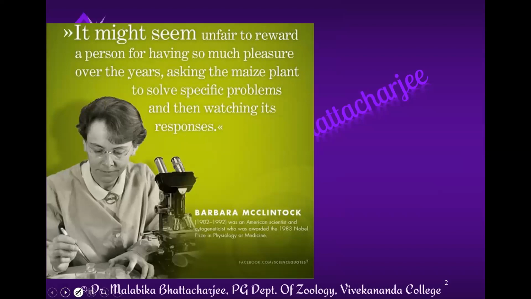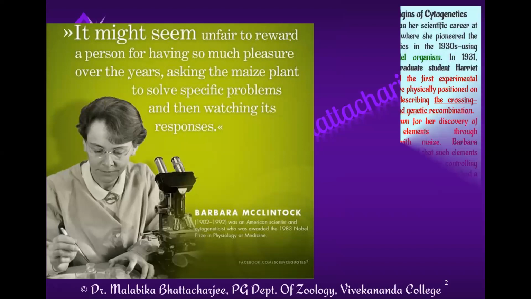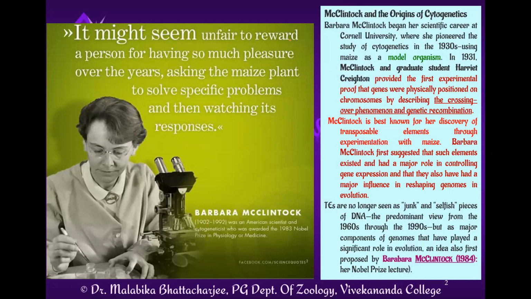In 1931, she and another graduate student, Harriet Creighton, first provided evidence that genes were physically positioned on chromosomes, and they described the crossing over phenomenon and genetic recombination. As I said, she is famously known for her discovery of transposable elements through experimentation with maize.